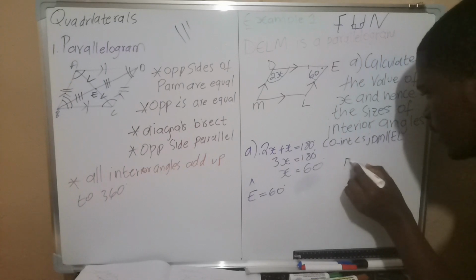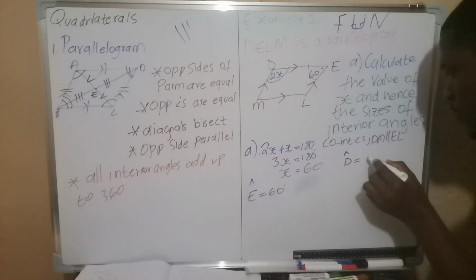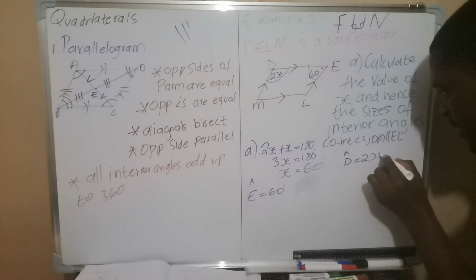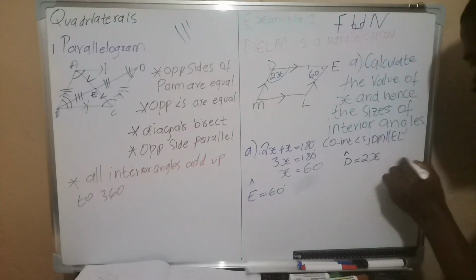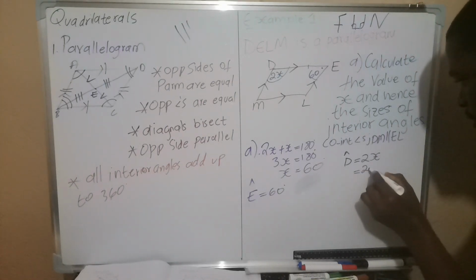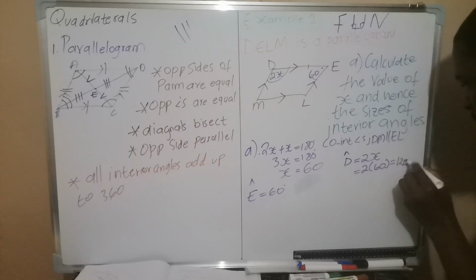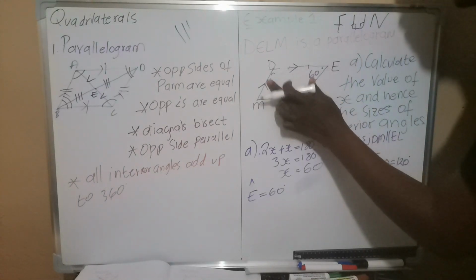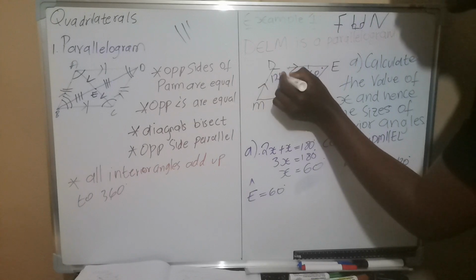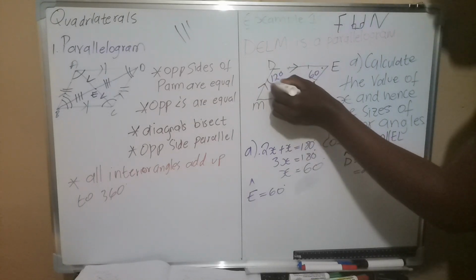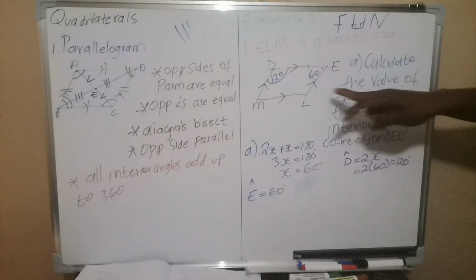Angle D is equal to 2 times x, and therefore angle D is equal to 2 times 60, which is 120. It means angle D is equal to 120 degrees here. I'm just applying what is already there. Now we have found this angle.